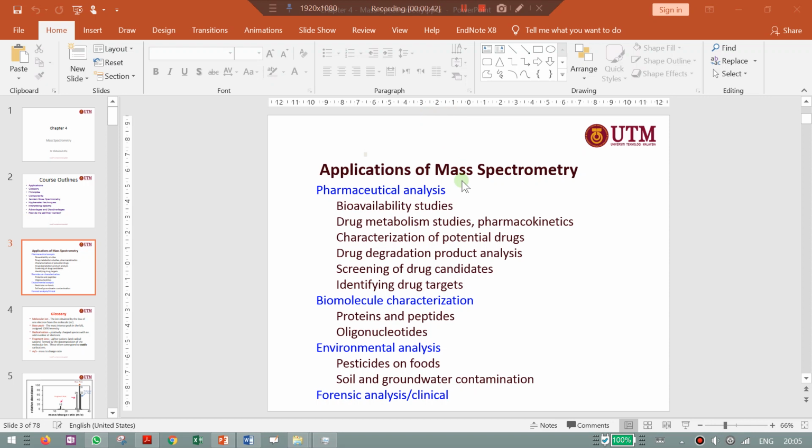Let's say we want to determine whether the case involves suicide or poisoning, so we need mass spectrometry. We somehow know that maybe the victim died from a drug overdose, but we want to know what kind of drug it is. We know the victim has the characteristics of dying due to poisoning, so we want to know what kind of poison actually killed the victim.